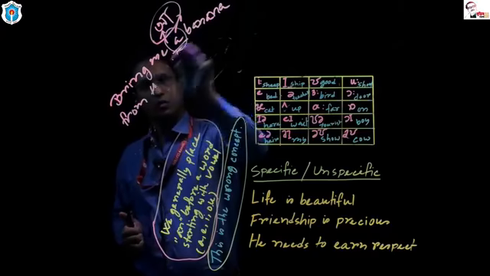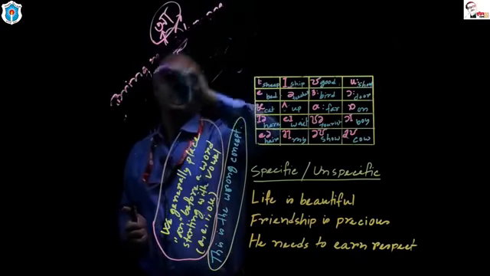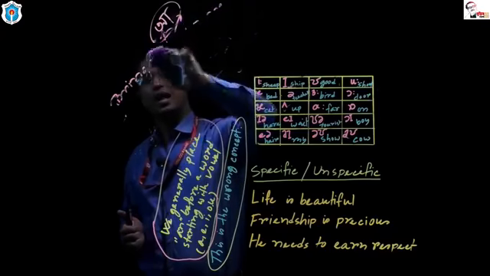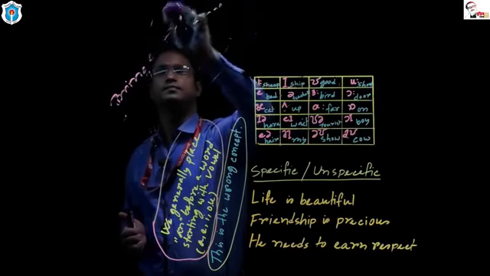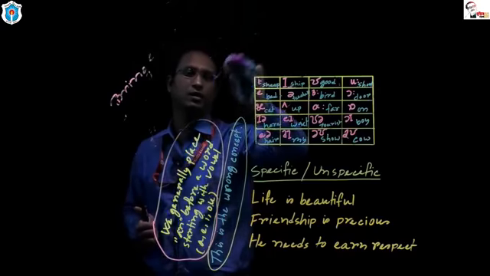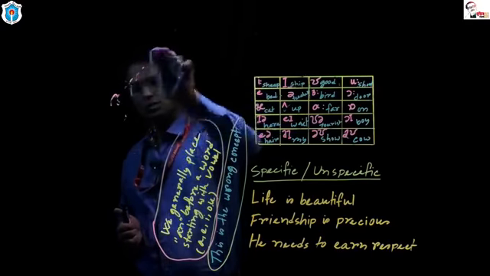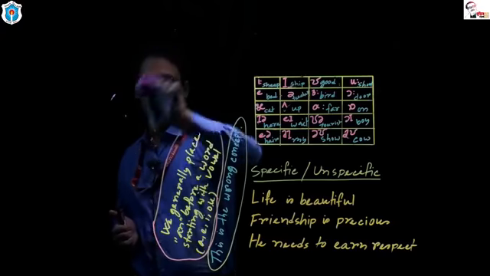Now we will learn the 2 classifications of article, that is definite article and indefinite article. Why are these 2 called definite and indefinite?